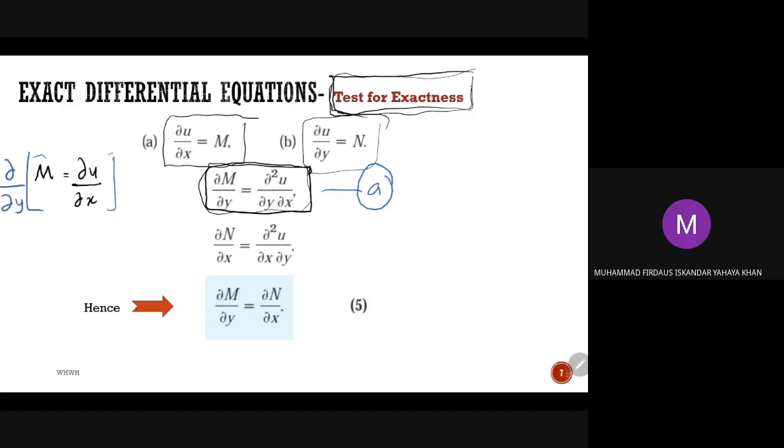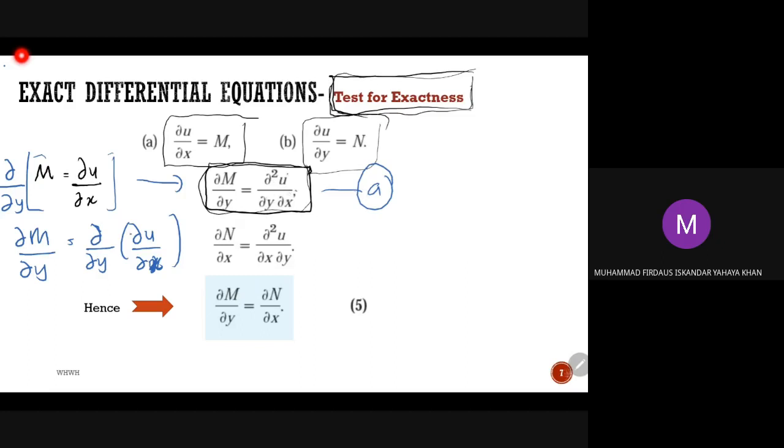Okay, they partially differentiate the equation A here respect to y. Okay, so that's why dia kat sini dia dapatlah del M over del Y is equals to del Y del U over del X. Kan? Faham tak? So daripada sini dia jadilah del square U over del Y del X.